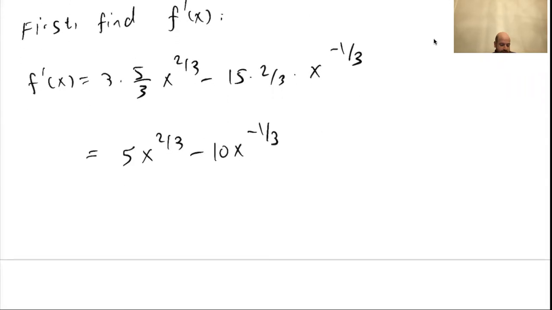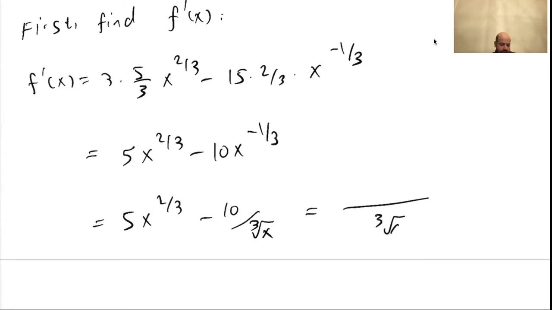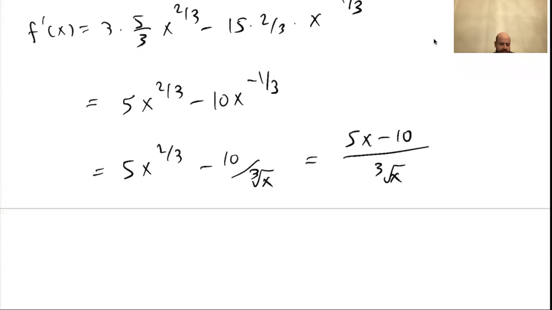And this one we can write as 5x to power 2 over 3 minus 10 over cube root x. Now cube root x, we can use as a common denominator. Then 5x to power 2 over 3 times x to power 1 over 3 would be x, right? X to power 2 over 3 times x to power 1 over 3 would be x to power 3 over 3, which is x. So 5x minus 10 will be the numerator.